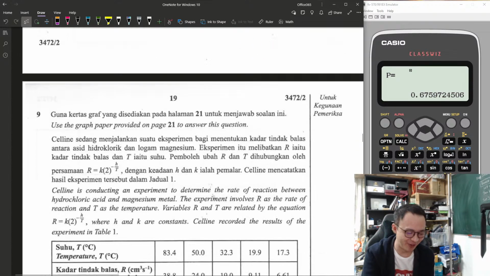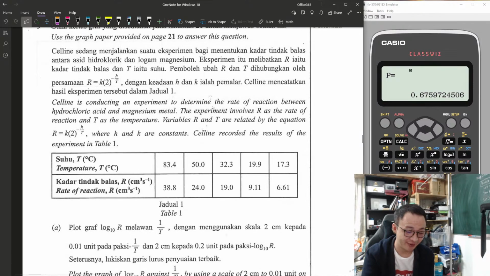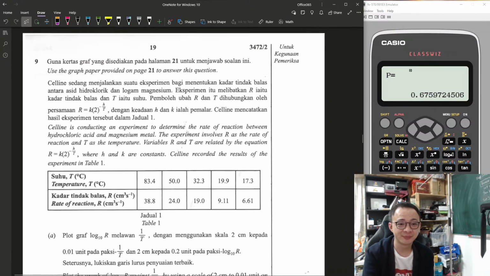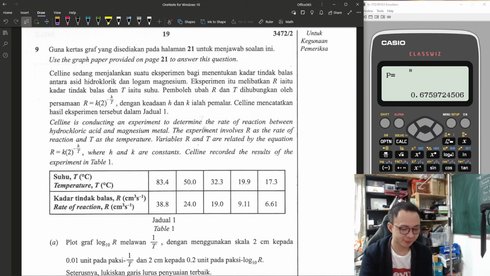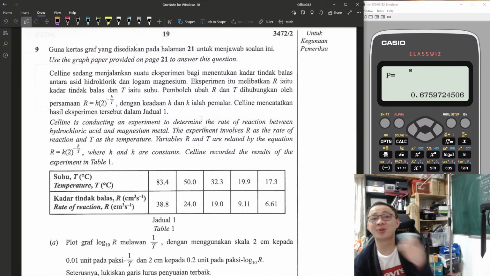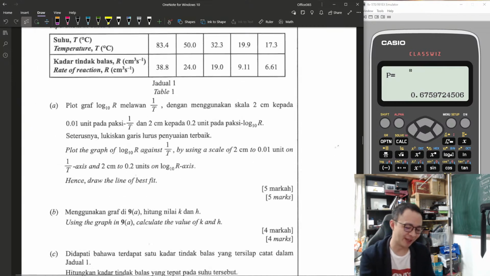Okay, where are we? Okay, linear law. Use a graph paper provided in the page 21 to answer this question. Like I say, linear law is something you always want to do because linear law is extremely easy. And how many marks do they give you here?